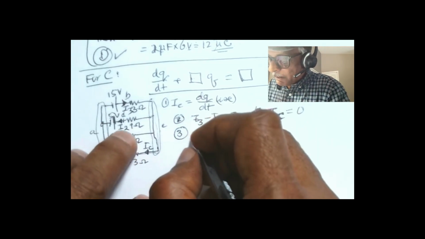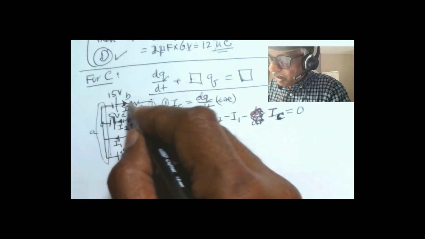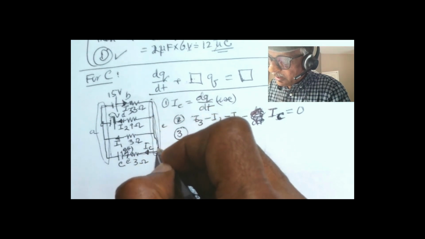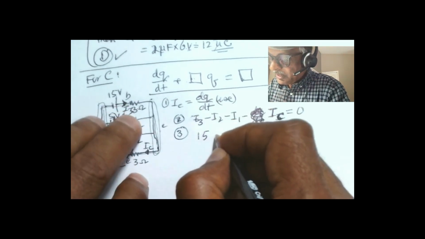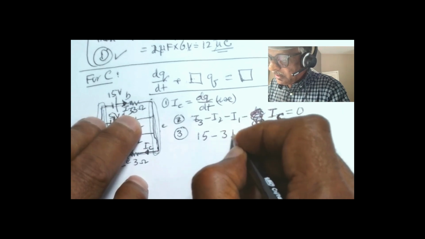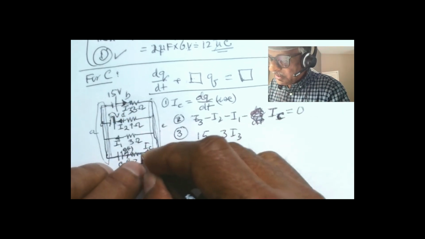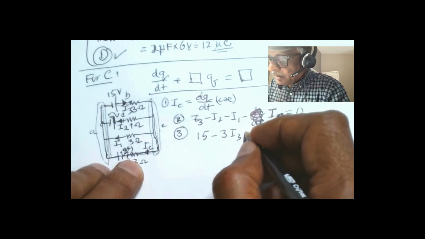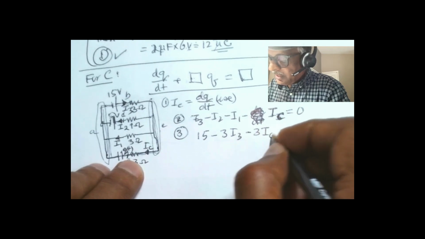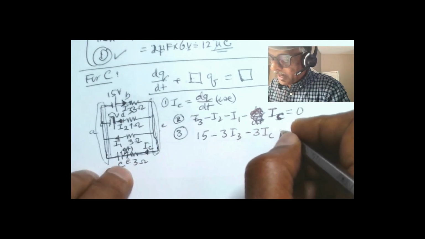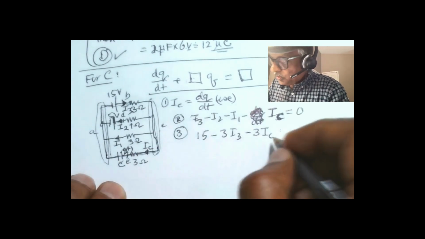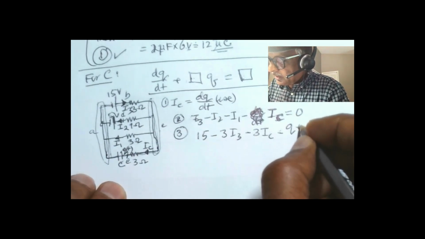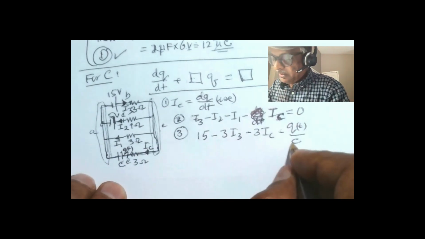So for the top loop, I got one loop. I got a 15 volt minus 3I3, going in the same direction as IC, minus 3IC, and then minus Q over C, whatever it is at that time.